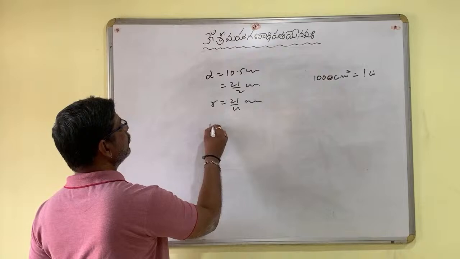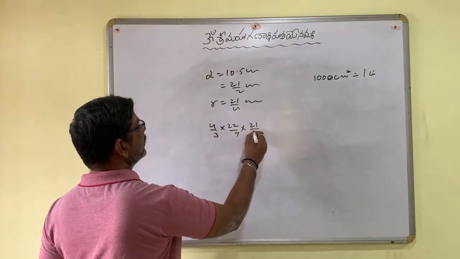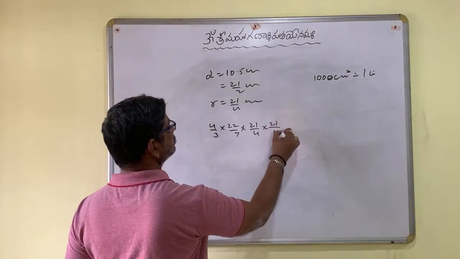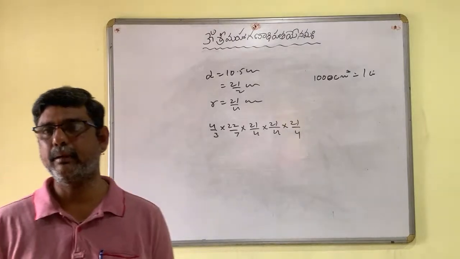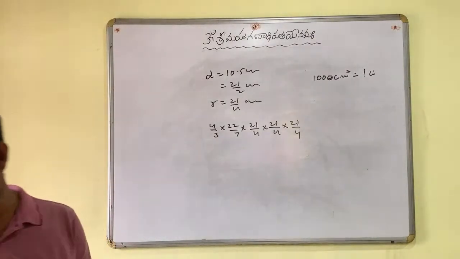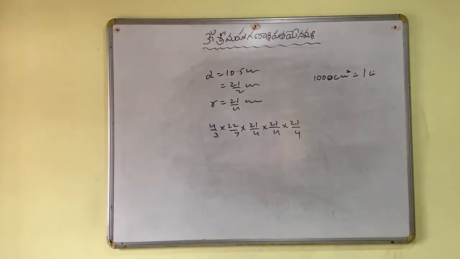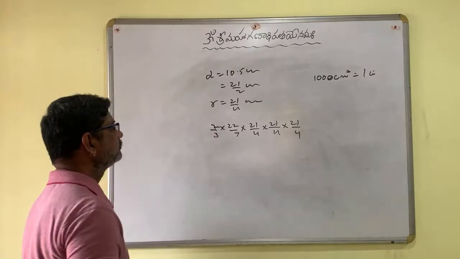Now volume is 4 by 3 pi r cube. Hemispherical bowl, it is a hemisphere, so it is 2 by 3. Sorry, it's 2 by 3.